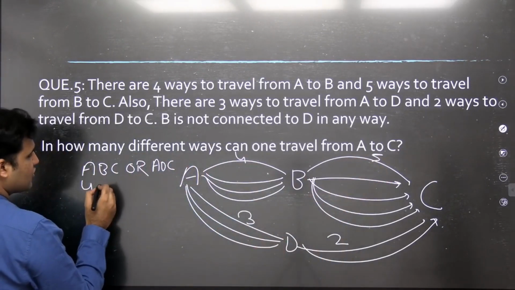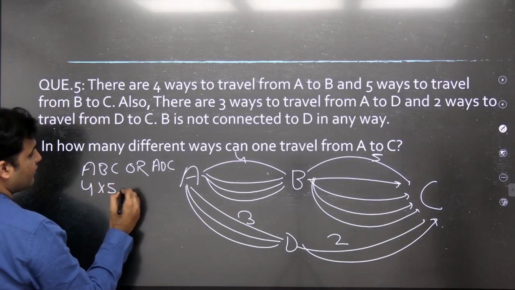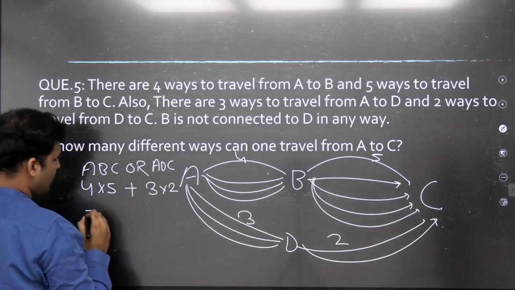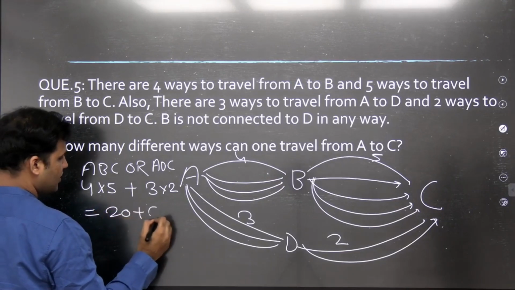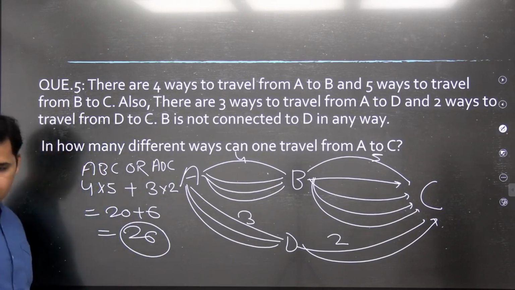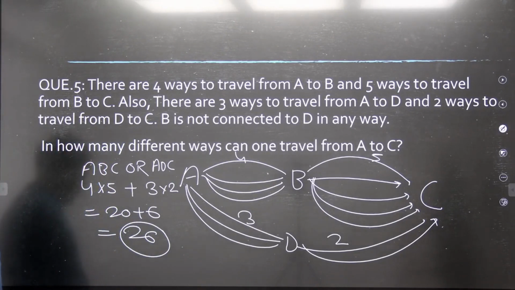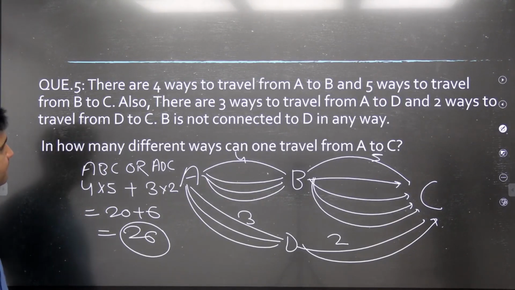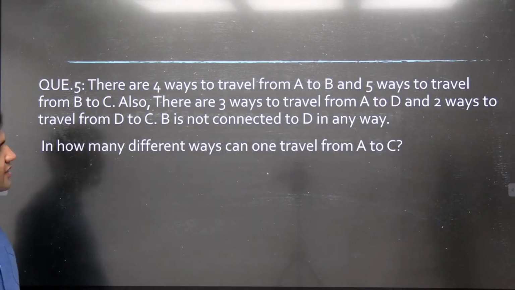So A से B गए 4, B से C गए 5 plus A से D गया 3, D से C गया 2. 4 into 5 20, 3 into 2 6. The number of ways for reaching from A to C will be 26 ways. Is it clear? समझ में आ गया? Okay. So 26 is the answer, guys.